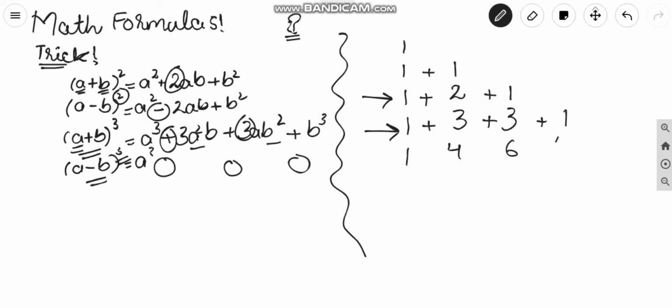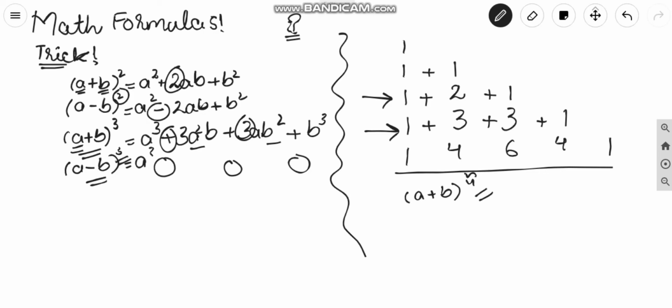Again add these two coefficient numbers, it will become 4 and write 1 again. These are the coefficients for the polynomial (a + b) whole power 4. Continuing in this way, you can find out the coefficients of the polynomial (a + b) whole power n, where n may be any positive integer.